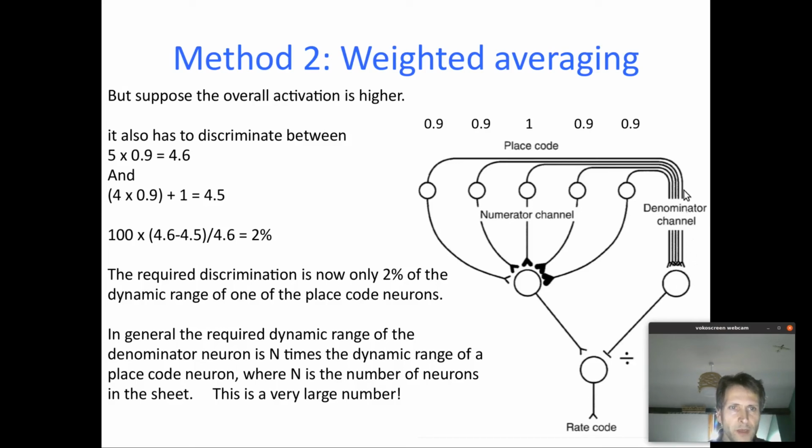We've got some number coming in, which is the sum of the activities, suppose it's 4 or something. And we've got some number coming out of here, which is the weighted sum, suppose that's 35. And somehow that's got to be turned into 35 divided by 4.5 or whatever. It's just not clear how this neuron is supposed to achieve that. It's a sort of magical mathematical step.